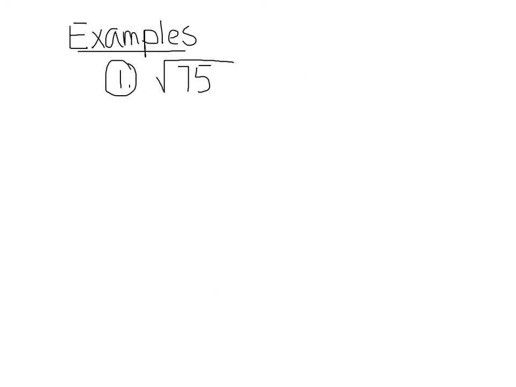In our first example, we have the square root of 75. The square root of 75 is not a perfect square, so you're going to need to break it down into the prime factors. Just think of anything that you can multiply together to get 75. I just know that's going to be 3 times 25.